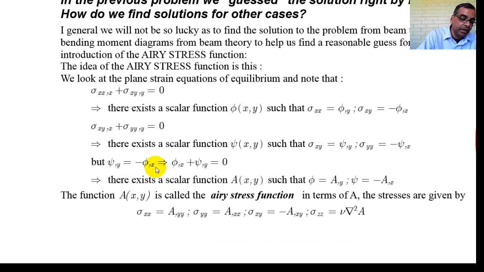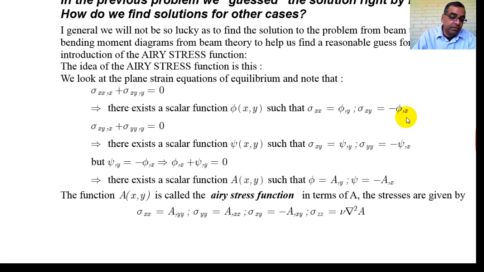So what you do is, if you look at this, you will see I can use the curl theorem. That means there is a scalar function phi of x y such that sigma xx equal to phi comma y, sigma xy equal to minus phi comma x. This should look like your Prandtl stress function, right?